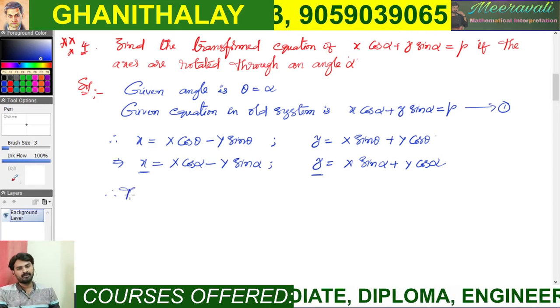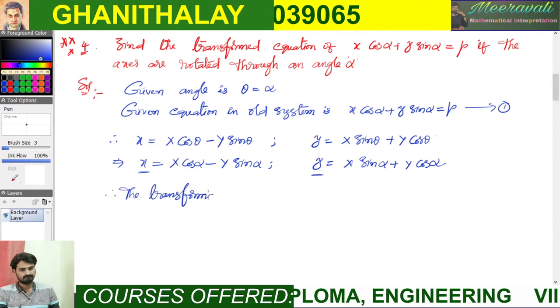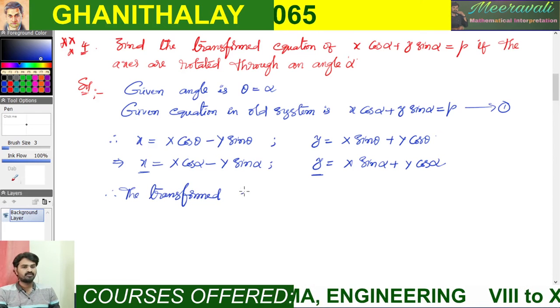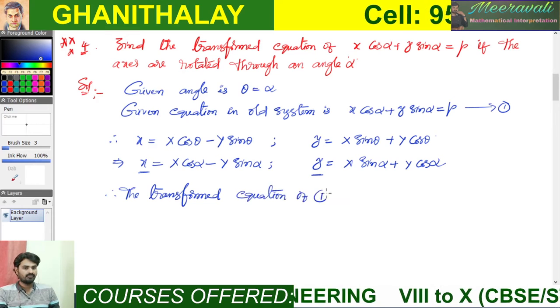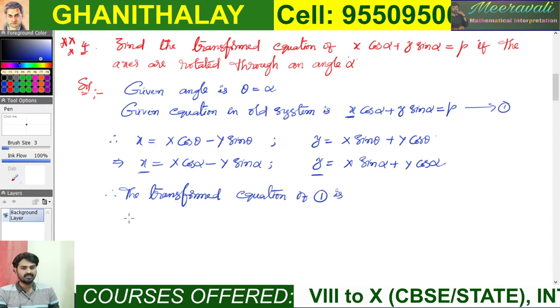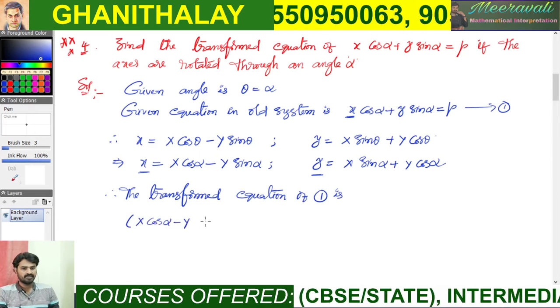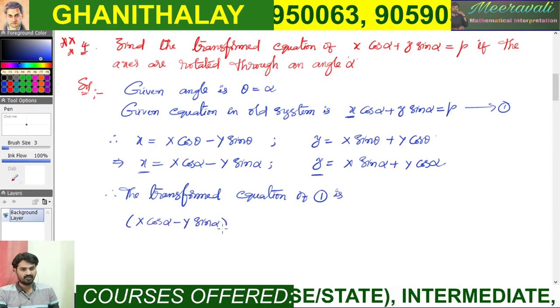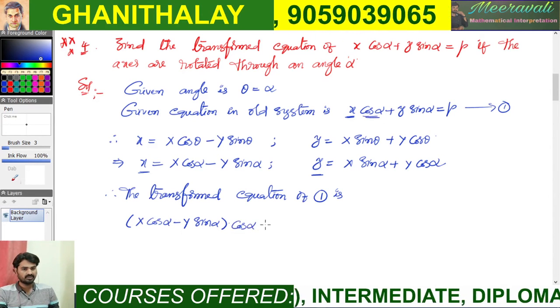You will get the transformed equation. Therefore the transformed equation of 1 is, you can write x. X means small x value, what will be there? X cos alpha minus y sin alpha into cos alpha, that is here you have to write cos alpha.